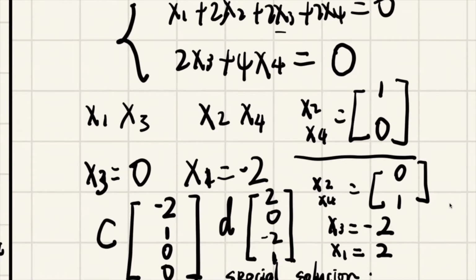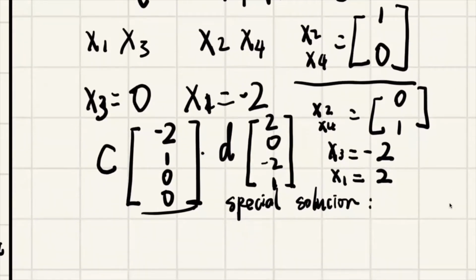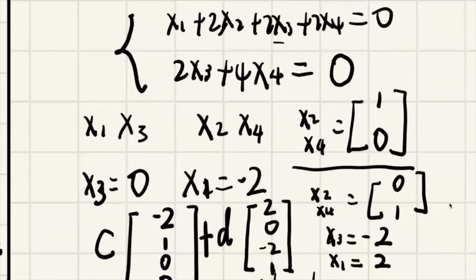Another question is, we can have a linear combination of those two. Are there any cases we're not including here? Actually, no, because for the free variables, if we have 1, 0 or 0, 1, it has included all the cases of these free variables.